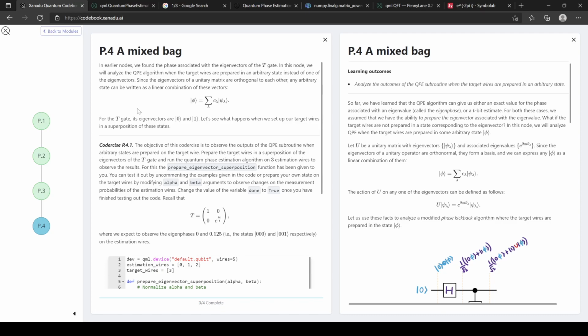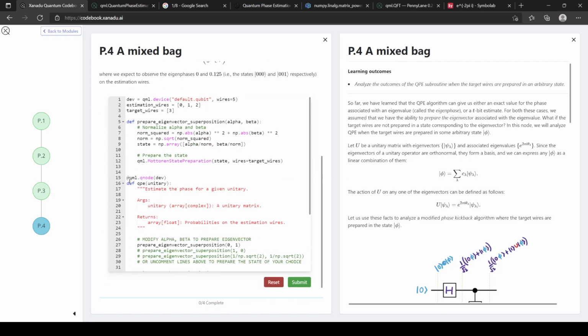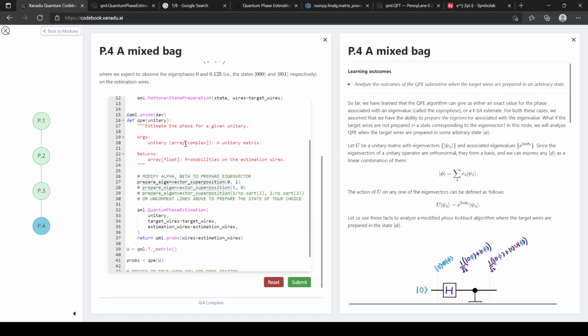The objective of this coder size. Wow, that's a nice lingo. Prepare to target wires in superposition of the eigenvectors of the T-gate. Oh, thank God it does that for us.